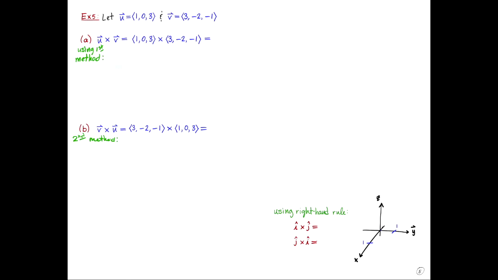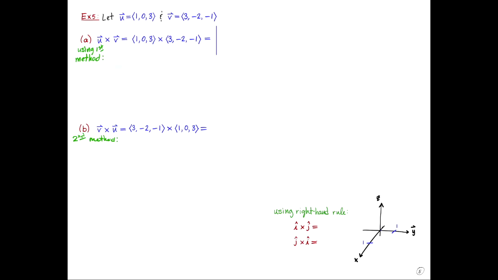In example 5, we have two vectors, u equal to 1, 0, 3, and v equal to 3, negative 2, negative 1. In part A, we want to find u cross v, and we'll use the first method to do so. We'll begin by writing our matrix in 3 by 3 form.